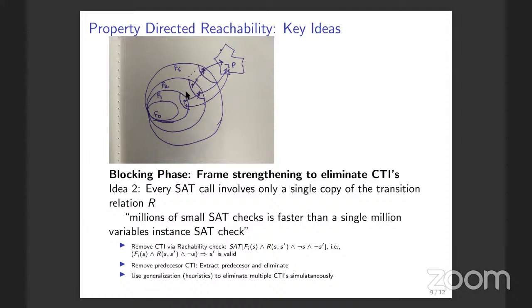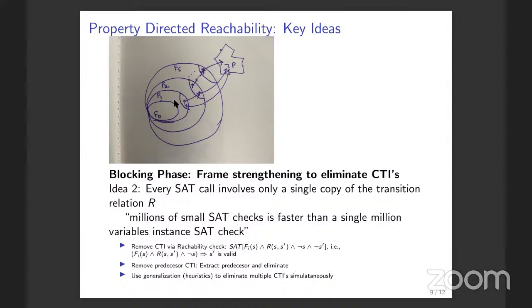Now, in that process, if it hits F0, then you know that you have reached a real counterexample. If not, then these are true counterexamples to induction, and therefore you have to eliminate them. So as long as there are counterexamples to induction in each of these frames, it eliminates them. As long as there is a predecessor that is reachable, it eliminates that, in a backward way.